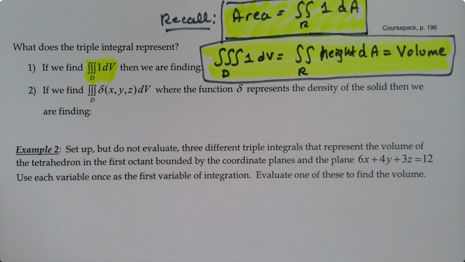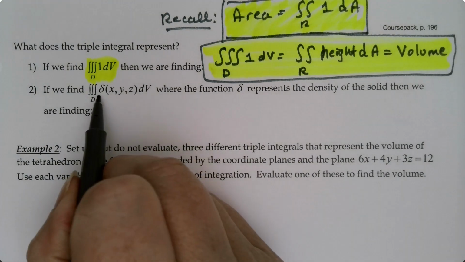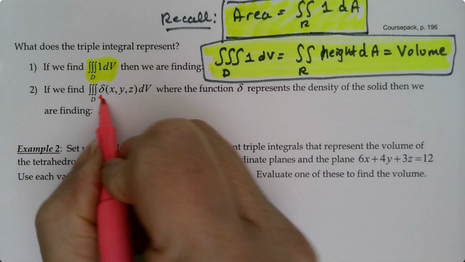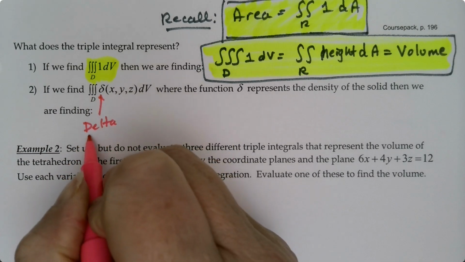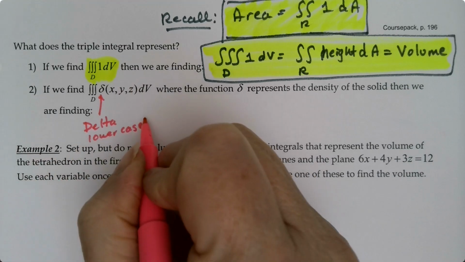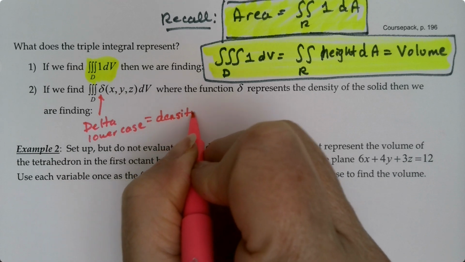It has a few different applications, but for us, the one that's going to be key is this will be a delta. So that letter right there, that's a lowercase delta, right? And it stands for density, hence the delta D, right?